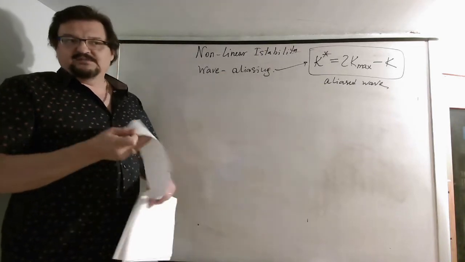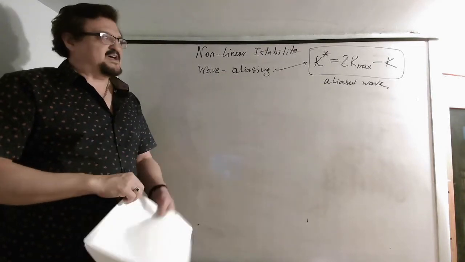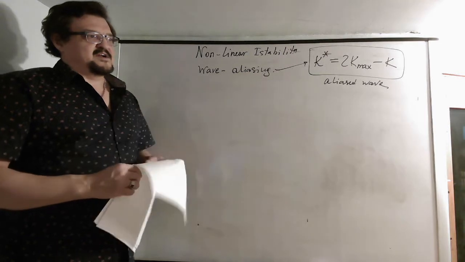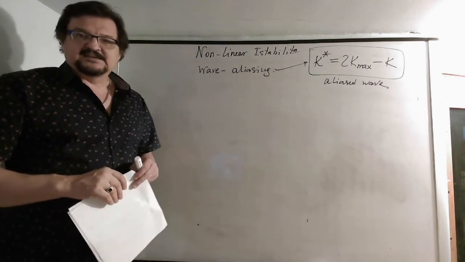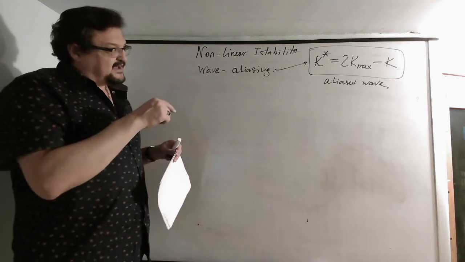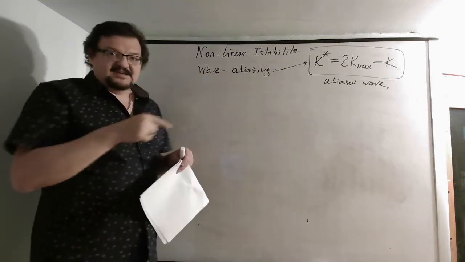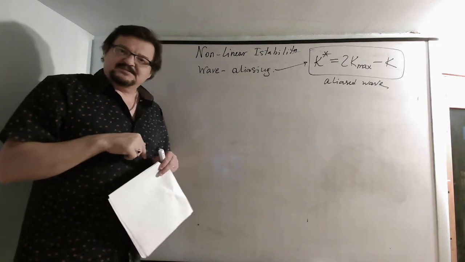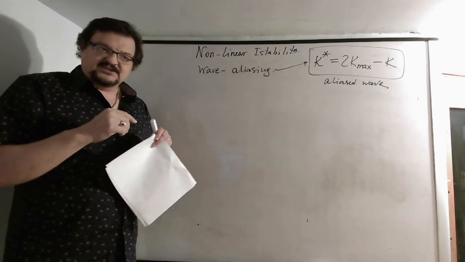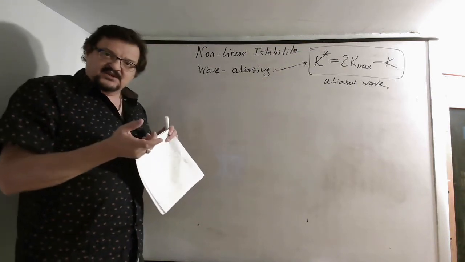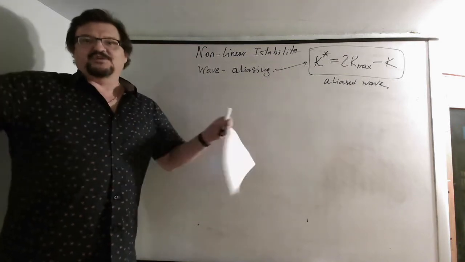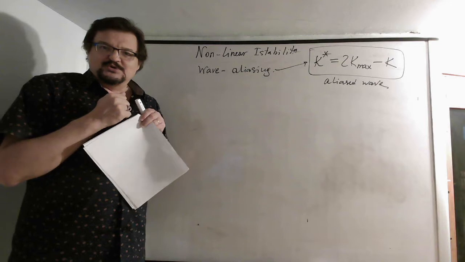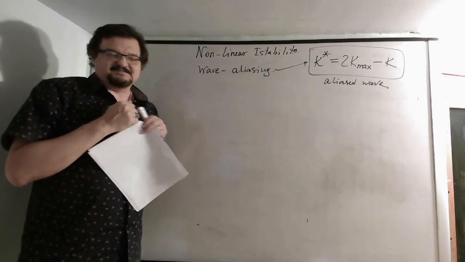It turns out that there are very dangerous waves that have a tendency to alias right into themselves. They interact with other waves and create themselves. So instead of getting rid of energy, they tend to hold on to that energy.